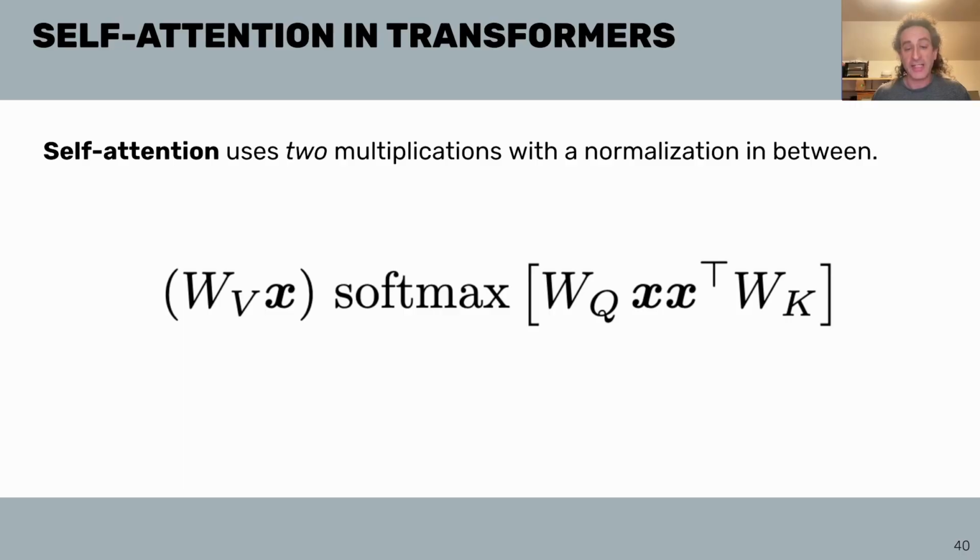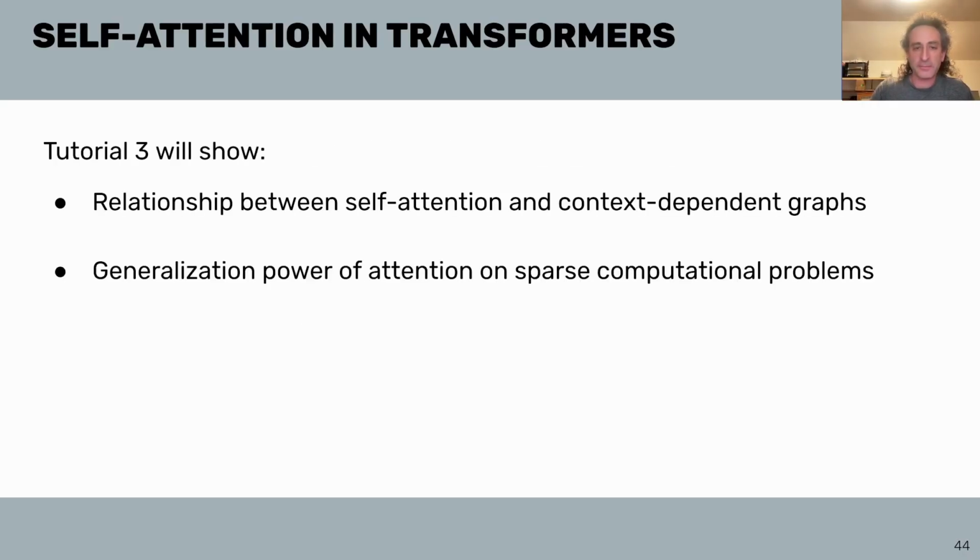Then the softmax is really a normalization that ends up sparsifying which of those products are going to be the ones that carry information on. And then again, the output of that softmax is the gate on the values of which x's are going to move forward to the next layer. So you can see in this self-attention, we have these three canonical operations of sparsifying by normalization of products.